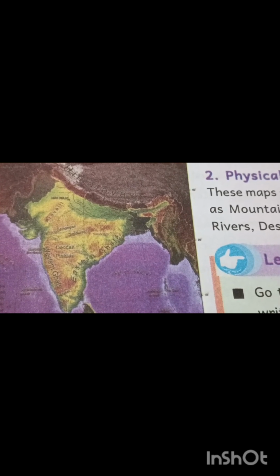India has a total of 6 physical features. In the northern side, we have the Himalayas, and next we have the Indo-Gangetic Plains. Next we have the Deccan Plateau or Peninsular Plateau.